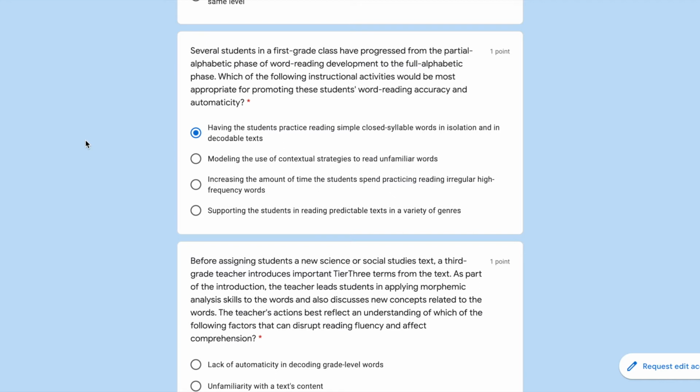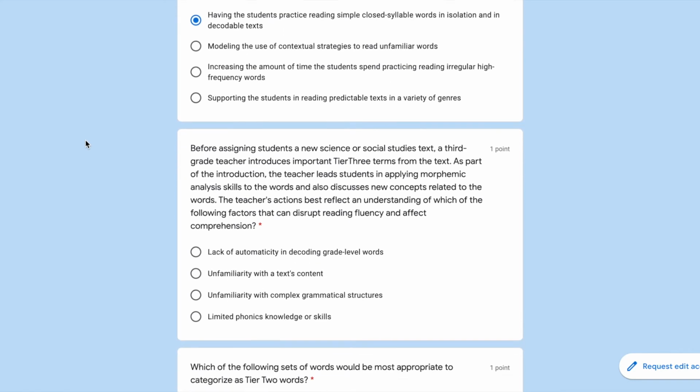We want kids to read automatically or build automaticity. Having the students practice reading simple closed syllable words in isolation and in decodable text supports this process, allowing the students to recognize an increasing number of words automatically by sight, while orthographic or spelling knowledge continues to accumulate. This is exactly what we want, which is having the students read simple closed syllable words in isolation and in decodable text for that student's reading level.